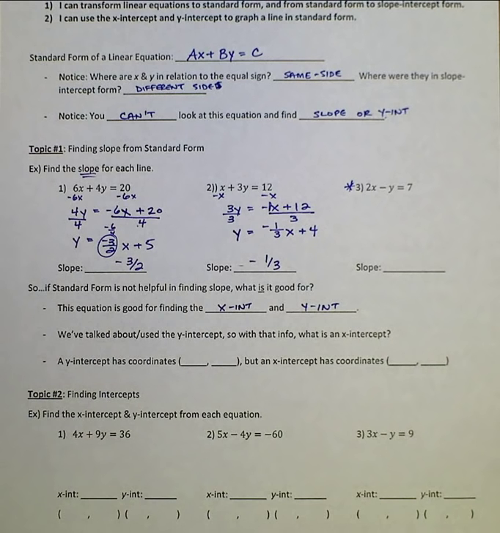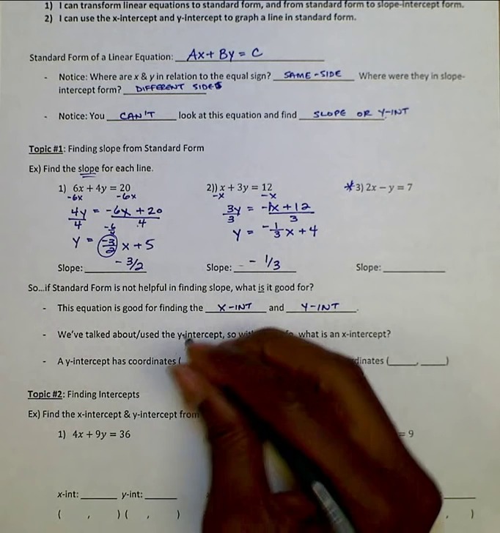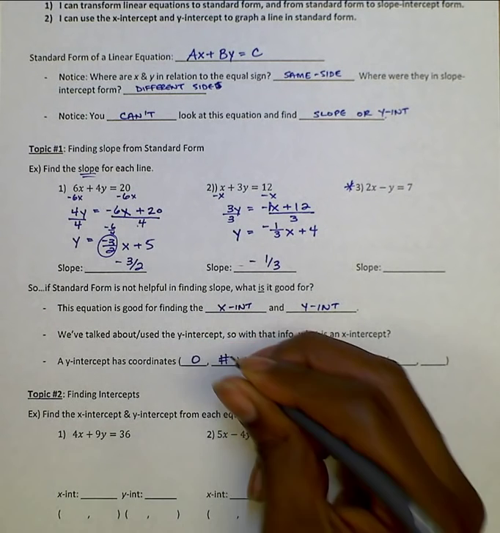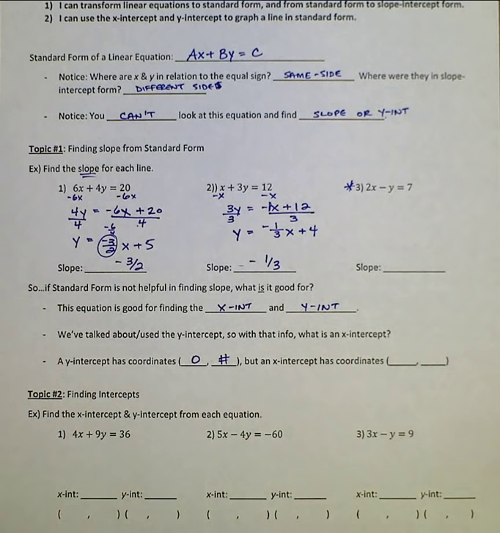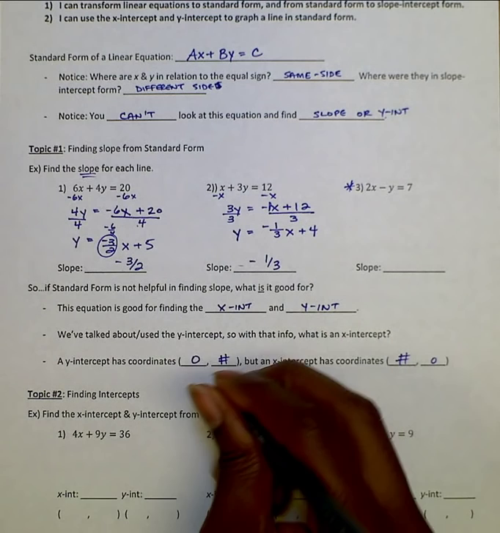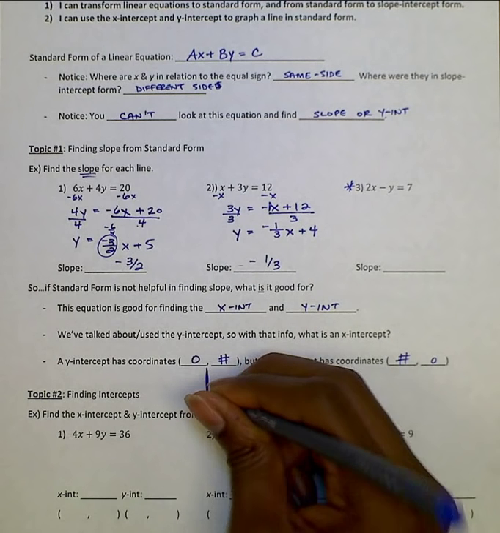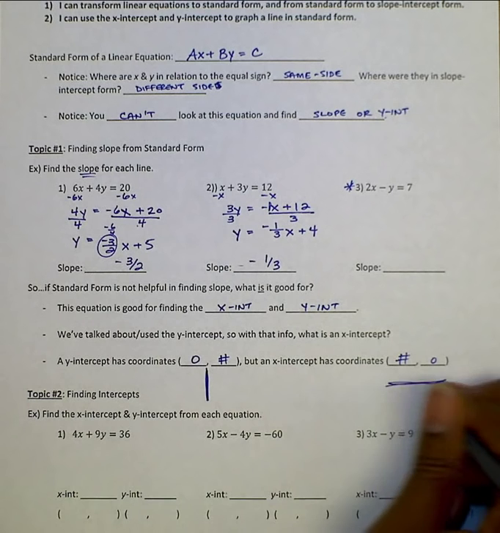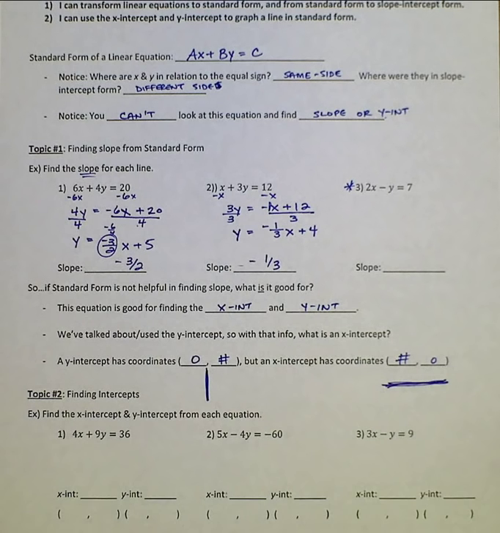A y-intercept always has the coordinates 0, some number. But an x-intercept has the coordinates some number, 0. So where our y-intercept is always on the y-axis, our x-intercept is always on the x-axis. So let's find the x and y intercepts here.